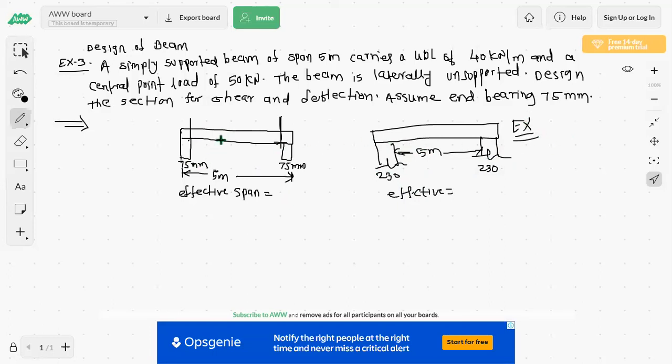In our actual problem the total span is 5 meter, so 5 meter minus 2 into 75 mm. We have to convert mm into meter, so 0.075. This is your effective span.